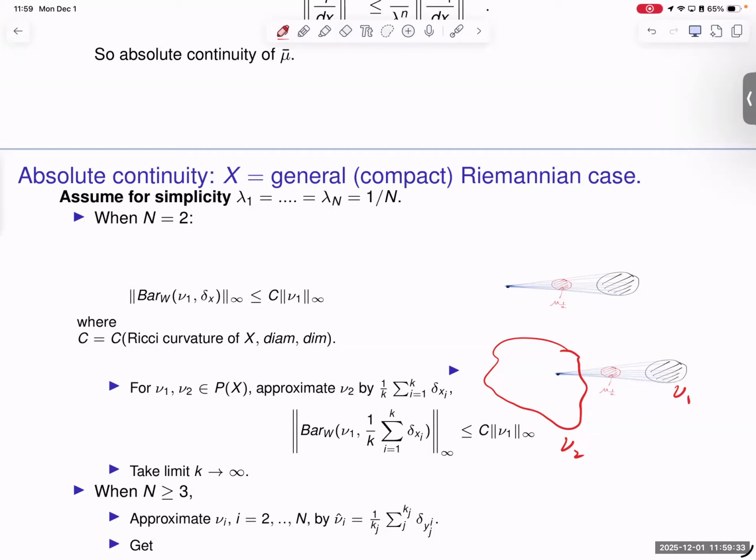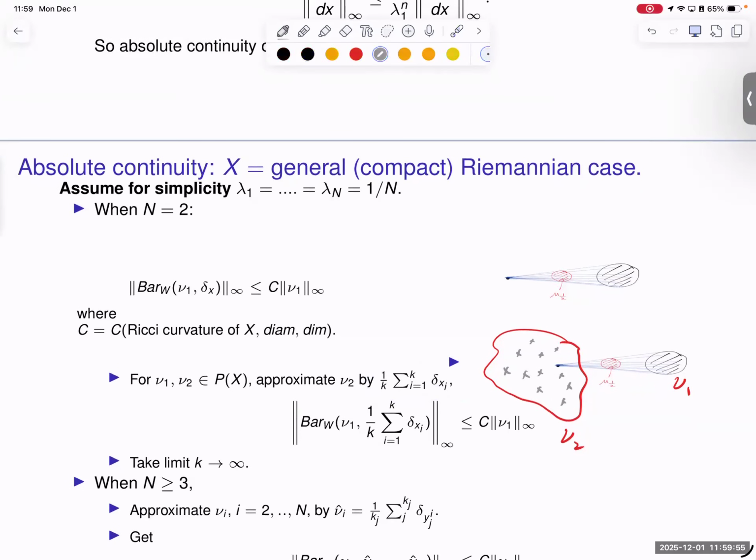I mean, this is a general measure, but you can approximate this measure by a sum of Diracs.